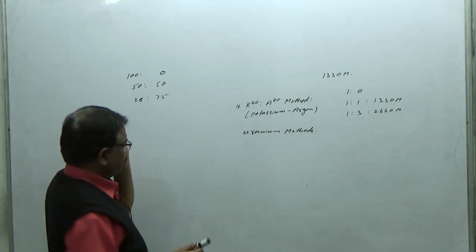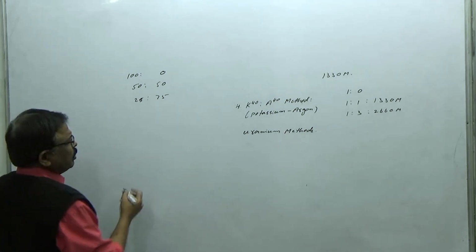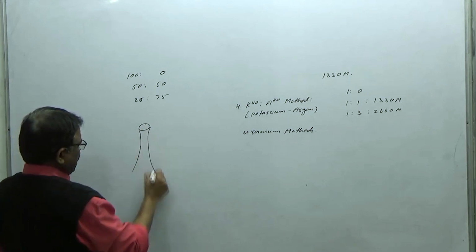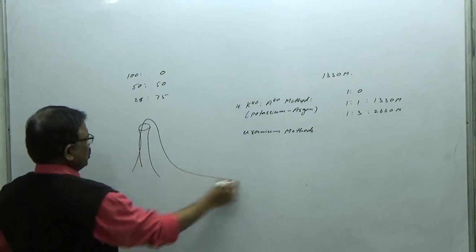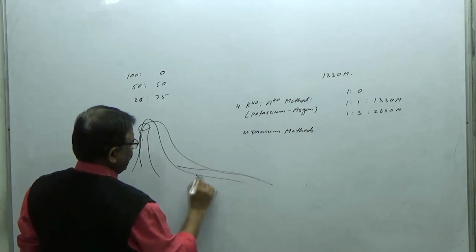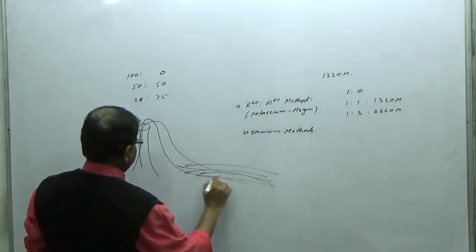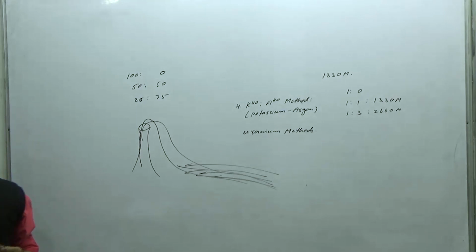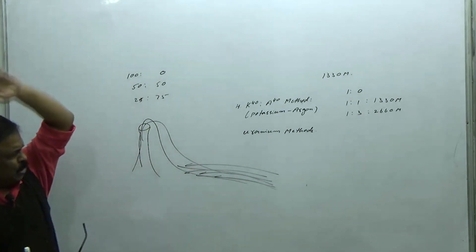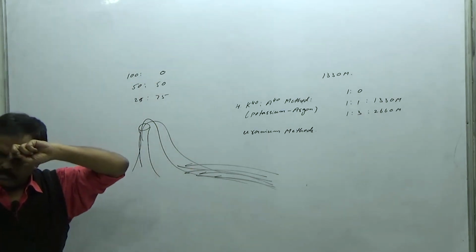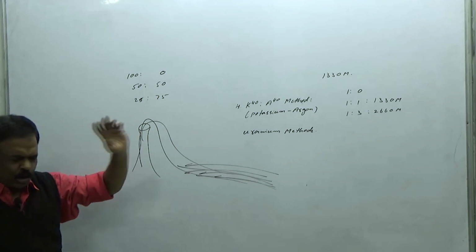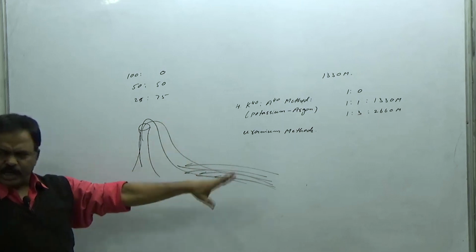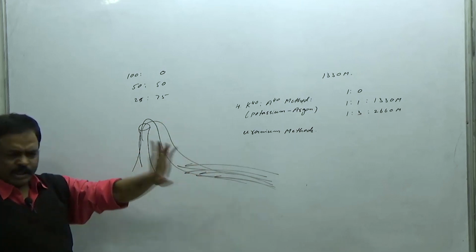See, this is a volcano, volcanic crater. It flows and a thick layer will form. Then millions of years, no, half-life. Almost within 10, 20, 30 years itself, the lava solidifies.